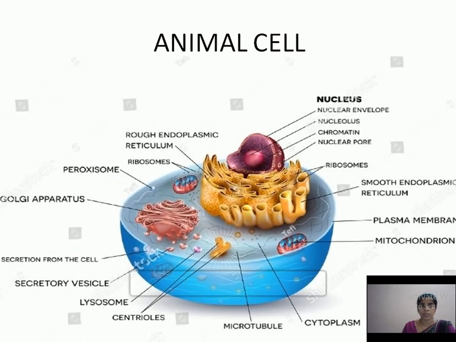And see, the animal cell has what? This also has nucleus and mitochondria, Golgi bodies, centrioles, lysosome, and all the cell organelles, but except what? Yes, plastids, okay, and vacuole. So this is the main difference between animal cell and plant cell.